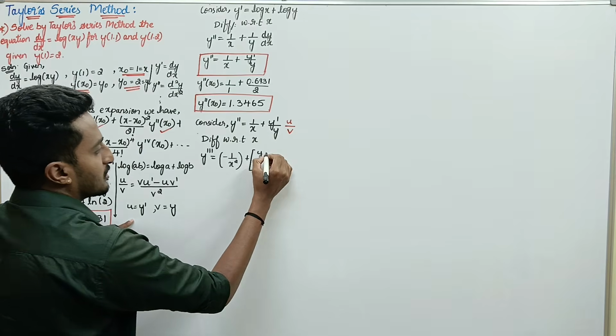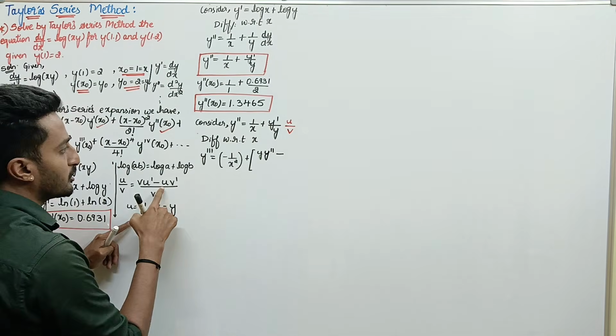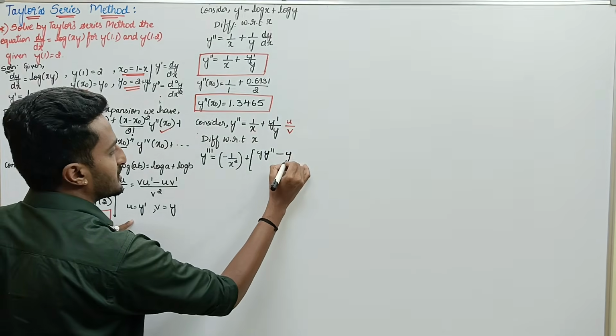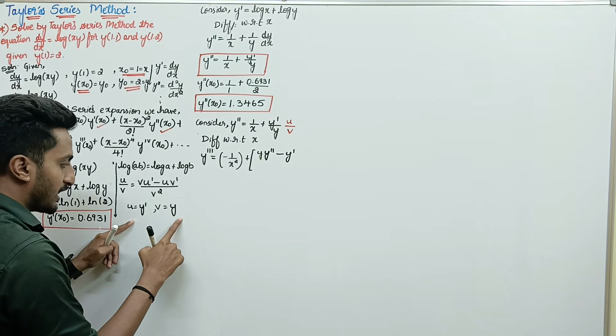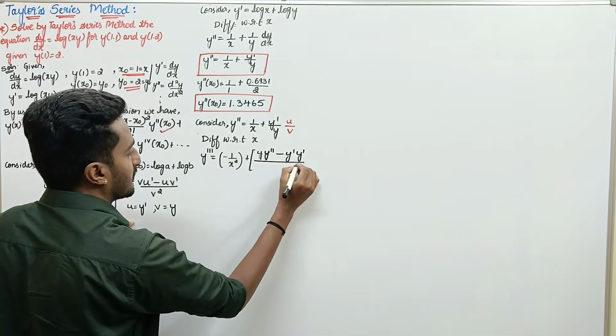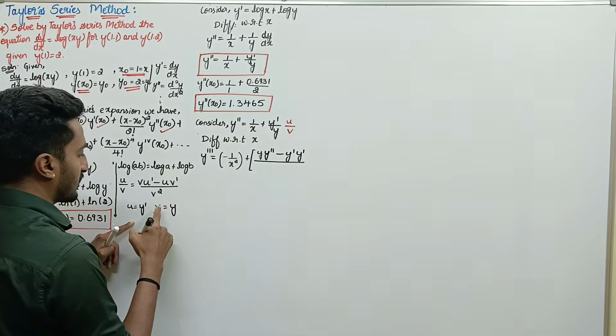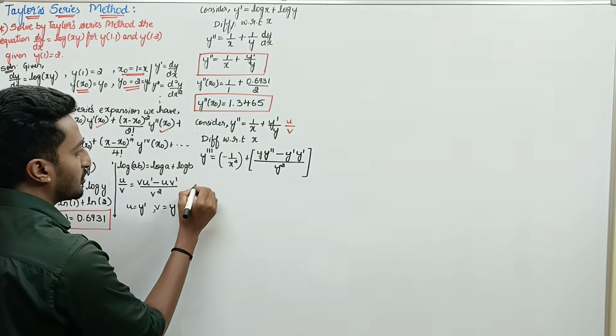When it becomes u dash, y double dash, minus, next u, what is u? y dash. Next we have v dash. v is y, v dash means it becomes y dash, whole divided by v square. What is v square? y square. That's it. Got the point?